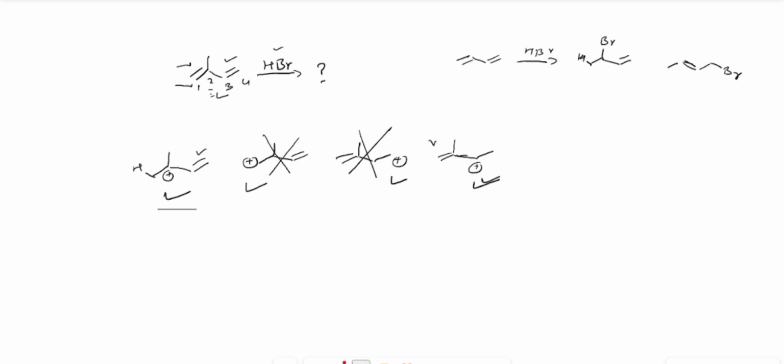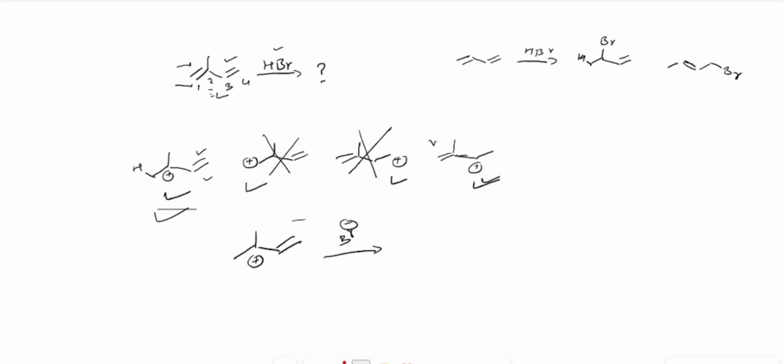So both of them are allylic carbocations, but this tertiary allylic carbocation has more advantage in being tertiary as well as being allylic, so it is more stabilized as compared to this secondary allylic carbocation. So the first riddle is solved. We will have this tertiary carbocation, which is of course resonance stabilized.